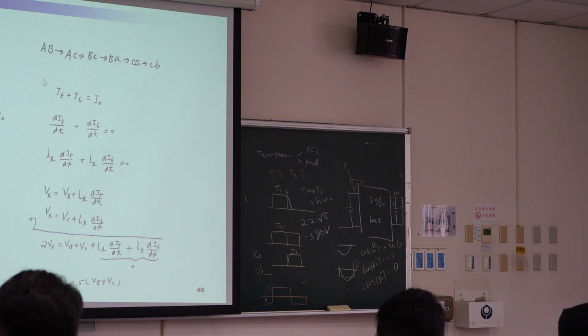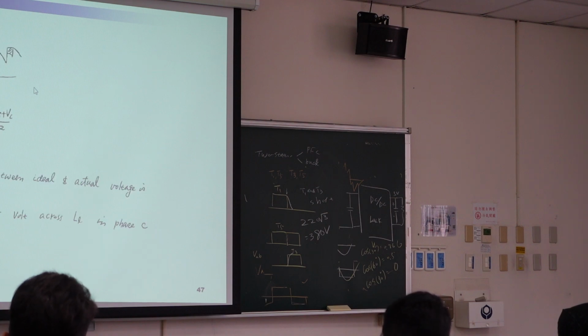So what is this voltage between Vb and Vc? Half Vb, half Vc. So then what happened? Vb and Vc short circuit. If you put Vb and Vc short circuit, then you create a huge current. So we can see the waveform.